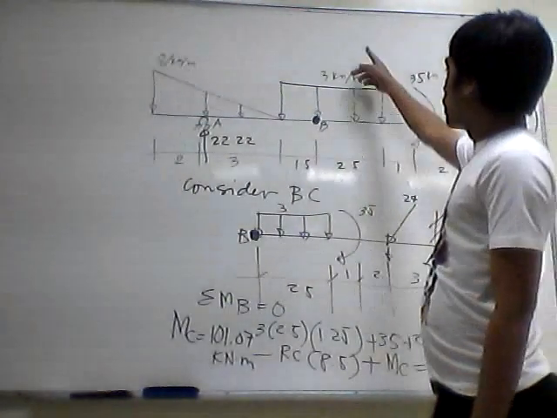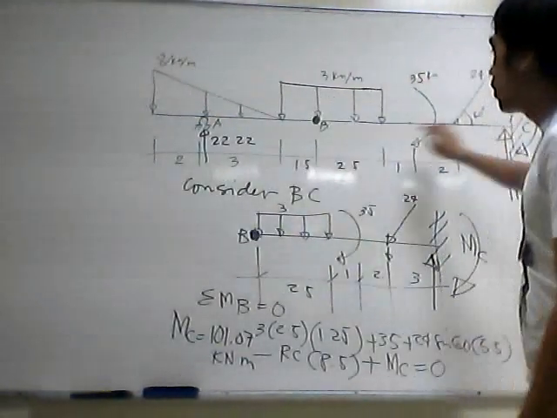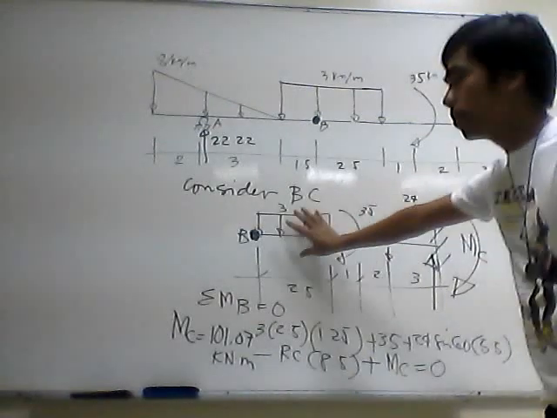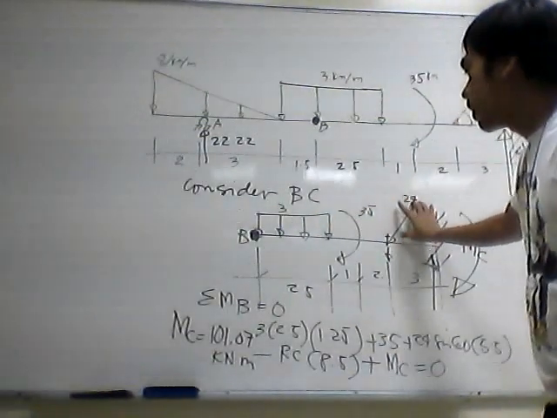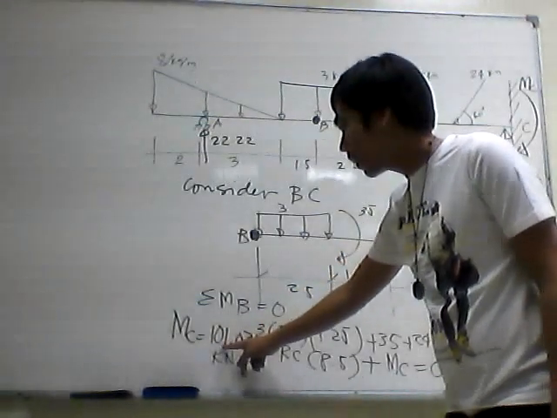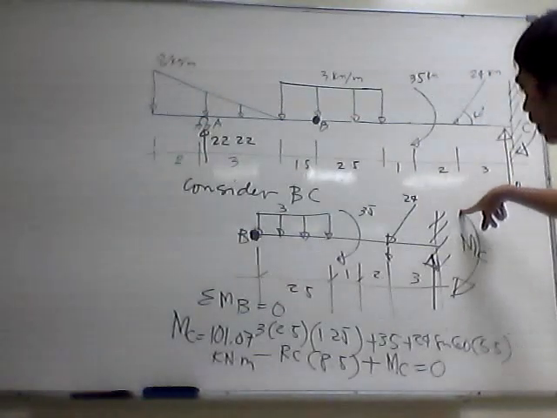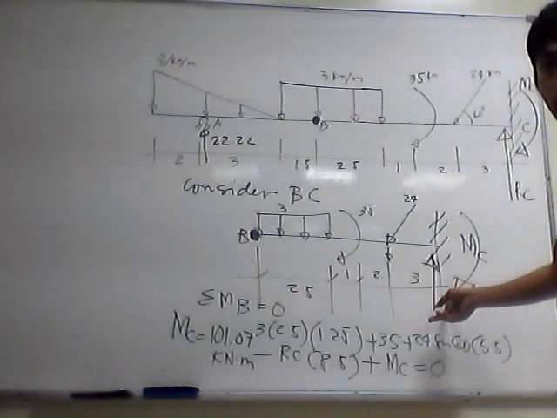Then cutting the beam into two, considering the right side, BC, we have this drawing, and we solve for MC. MC is positive 101.07 kilonewton meter, meaning our assumption for the direction of MC is correct.